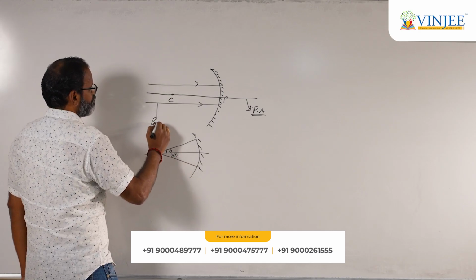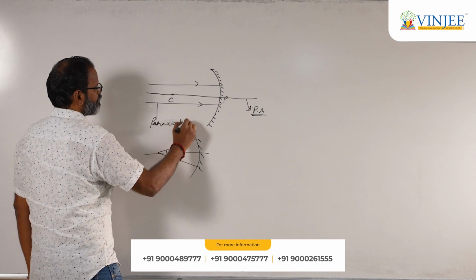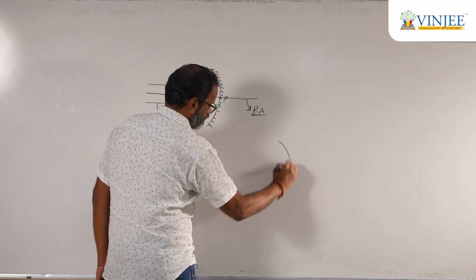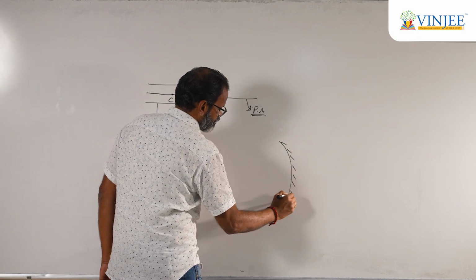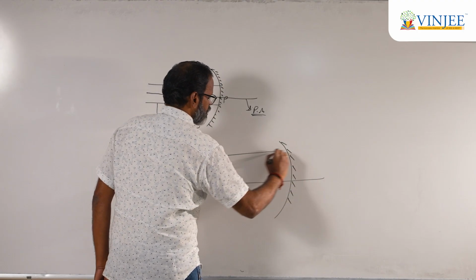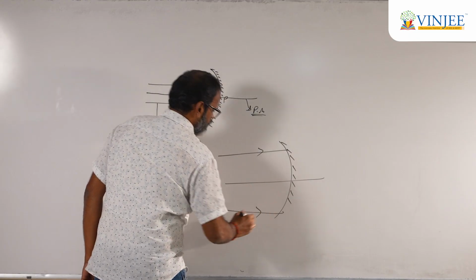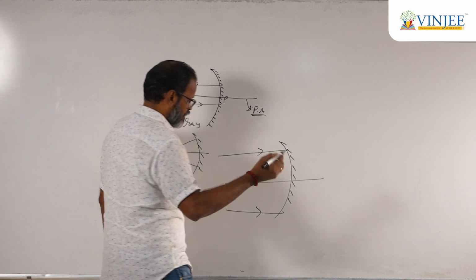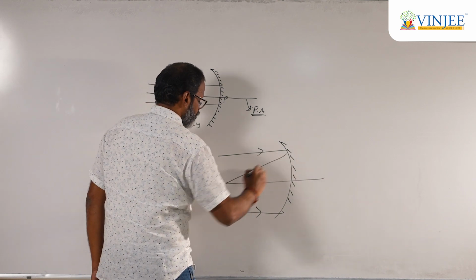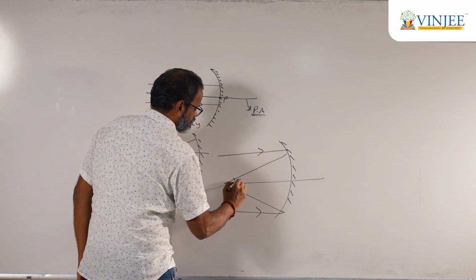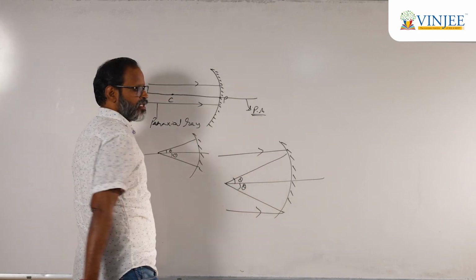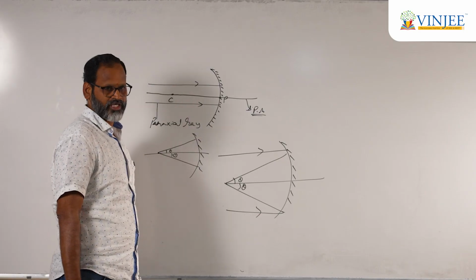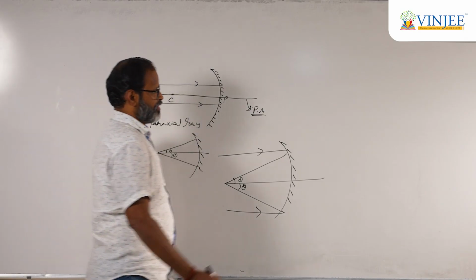In a similar way, the light rays which are farther from the principal axis are called marginal rays. Or in other words, the light rays which make larger angles with the principal axis are called marginal rays. So these are the different types of rays we have.